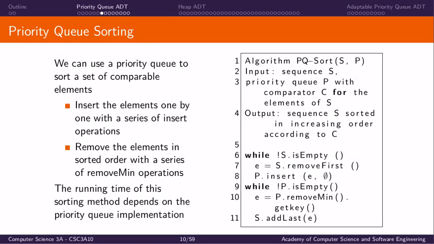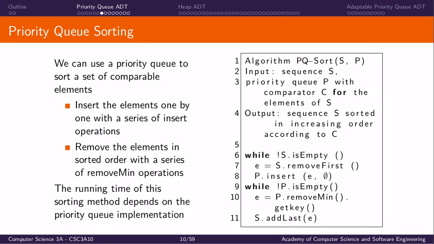Why? Because a priority queue compares keys to determine what the minimum priority is. And so we're actually using it in a way that it isn't intended, simply to achieve our ends by storing our values as the keys. So note at line 8, where we're doing that p.insert, we are passing it e and a null reference.